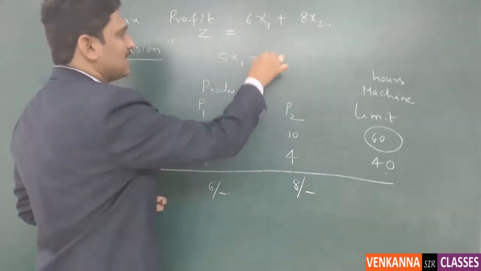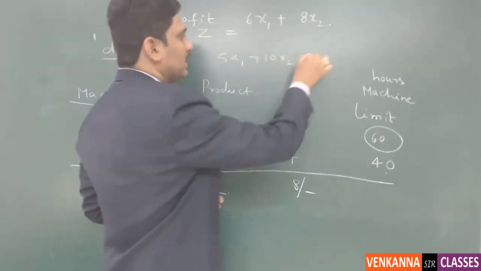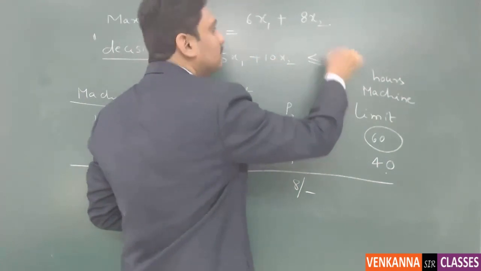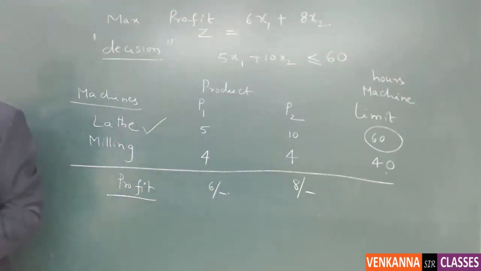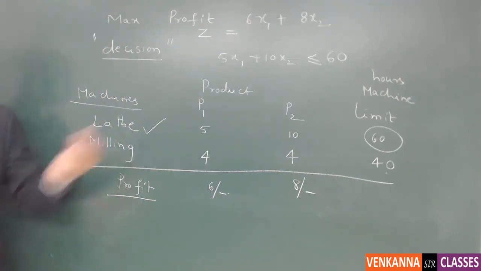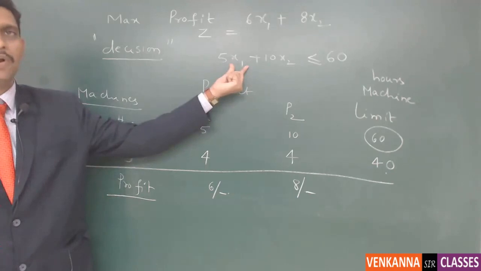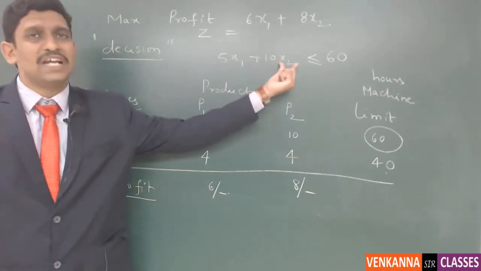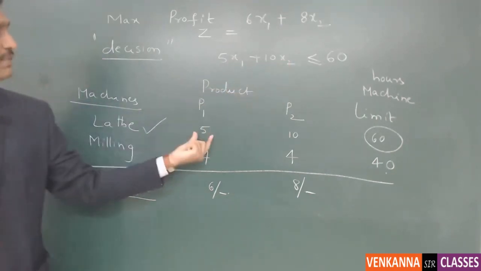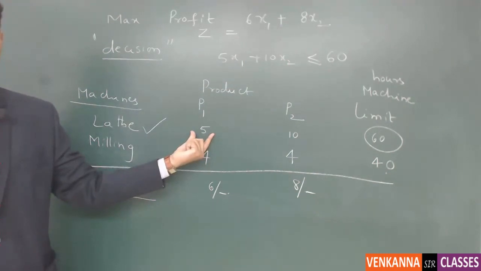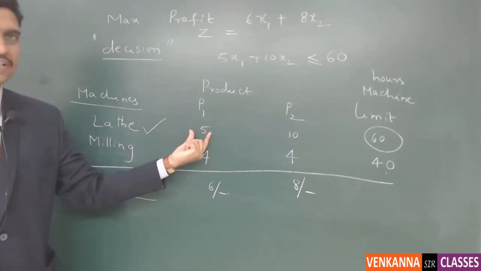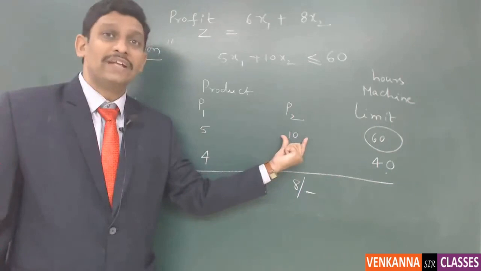5x1 + 10x2 ≤ 60, because you cannot exceed the maximum limit, that is 60 hours. x1 stands for the number of P1, x2 stands for the number of P2. So this is machine hours. 1 unit requires 5 hours here, 1 unit requires 10 hours here.